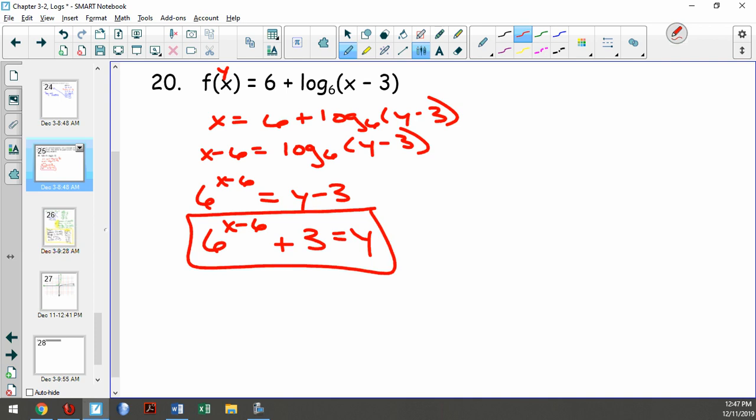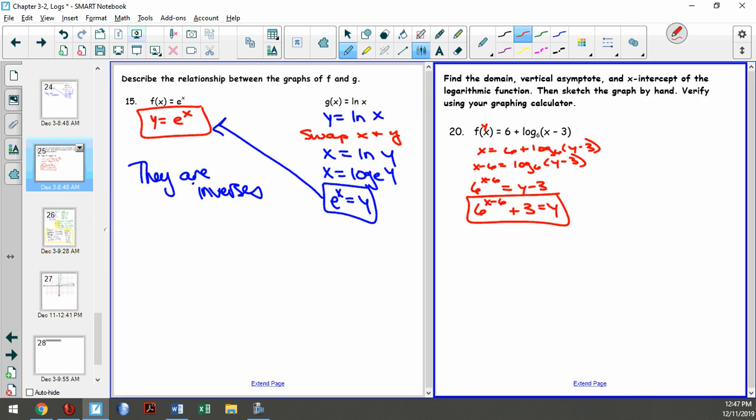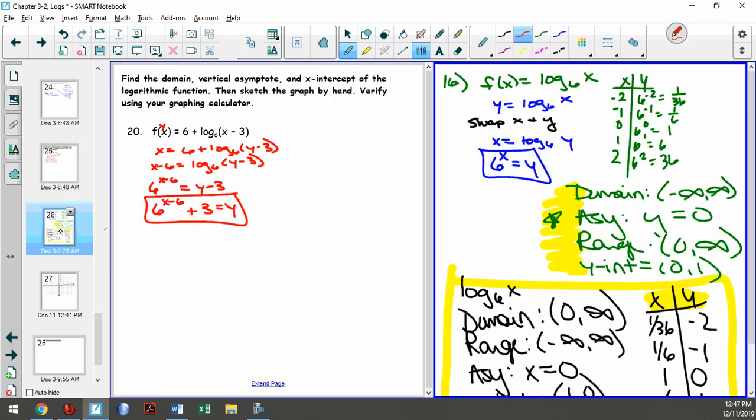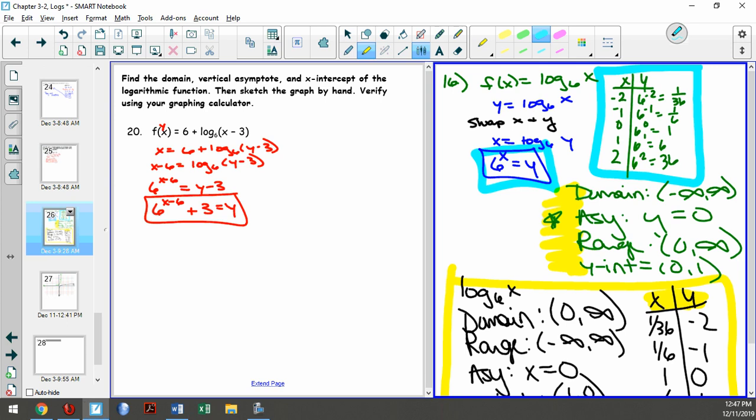Now, you know what that means? If I look at these two graphs right here, if I look at this right here and compare it to this on number 20, what can you tell me? What's happening?